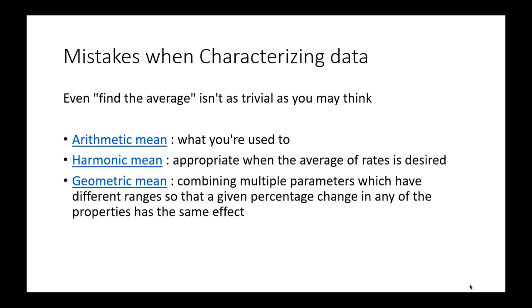There are different definitions and different motivations for why you would use the harmonic and geometric mean. When you use these alternative methods, you should be very clear and explicit that you're not using the normal sense of average. And it is valid to use some of these.